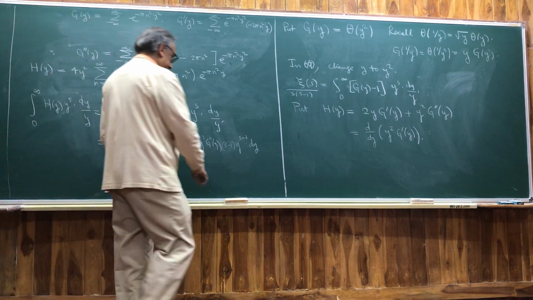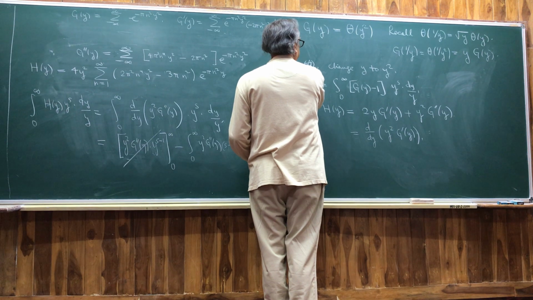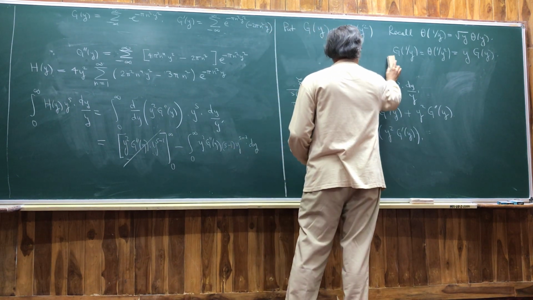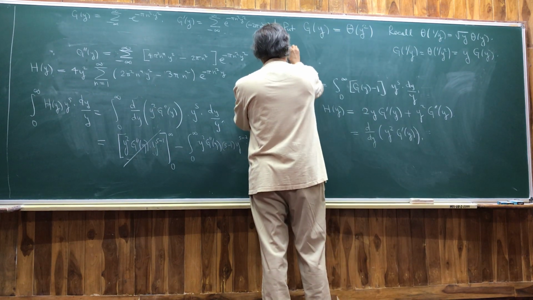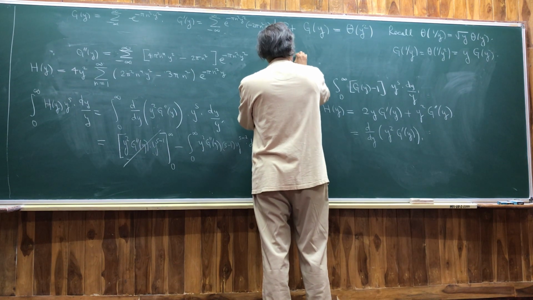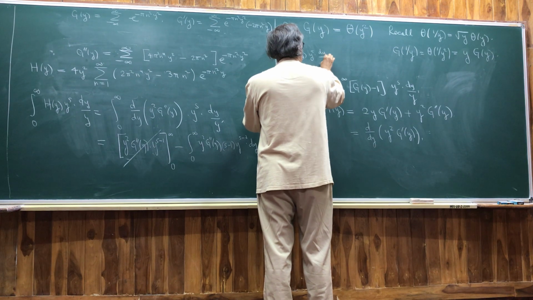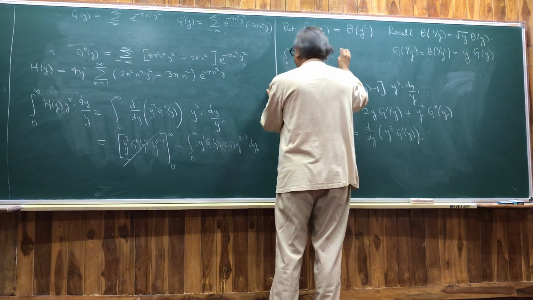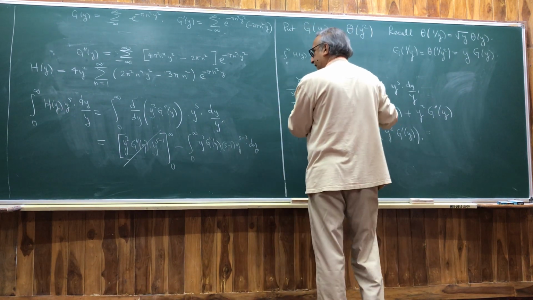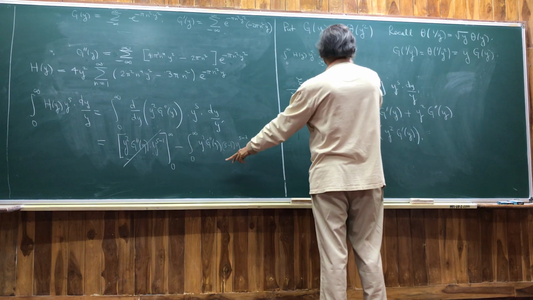So you get the integral from 0 to infinity of h of y, y to the s, dy over y, equals minus the integral from 0 to infinity of g of y.